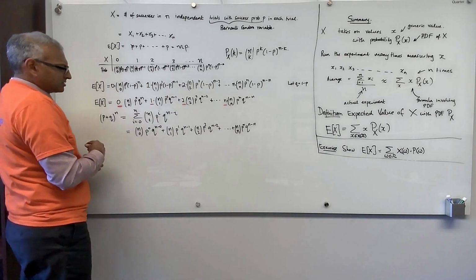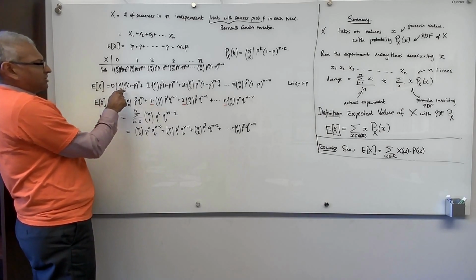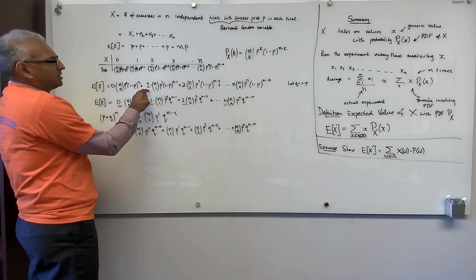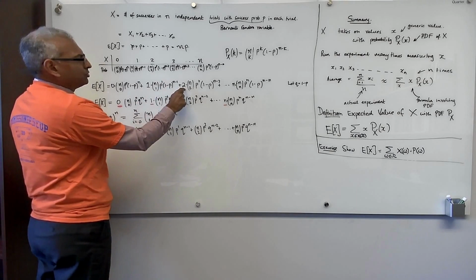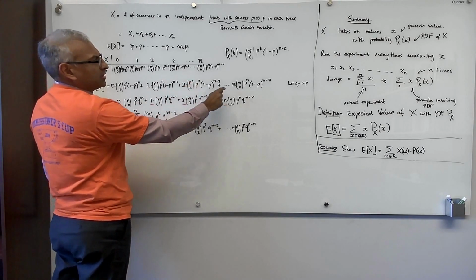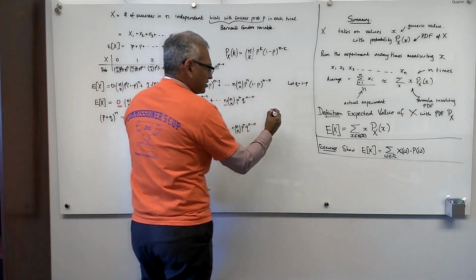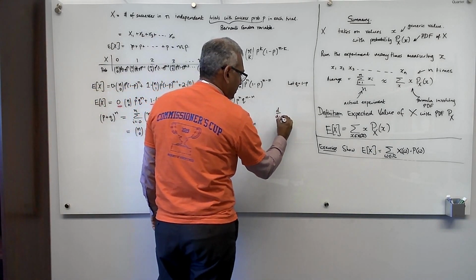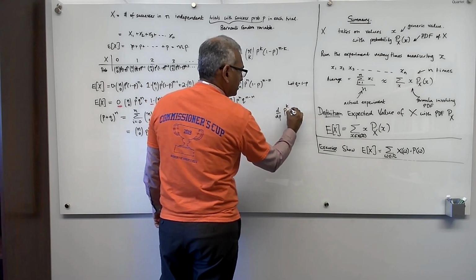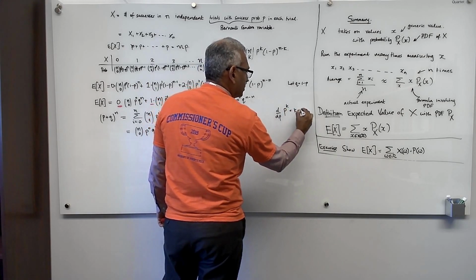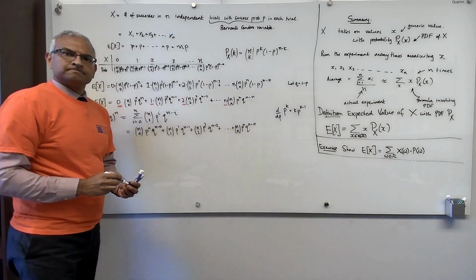Whenever you see the numbers 0 associated with some variable to the 0, 1 associated with a variable to the 1, 2 associated with a variable squared, n associated with a variable to the n, I will remind you that the derivative with respect to p of p to the k is equal to k times p to the k minus 1.